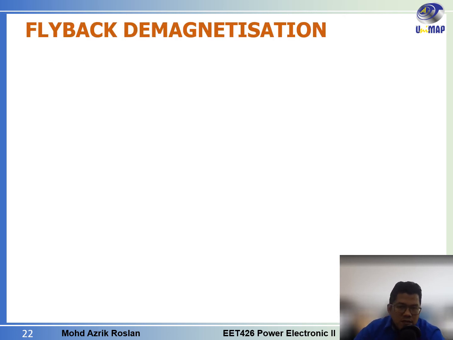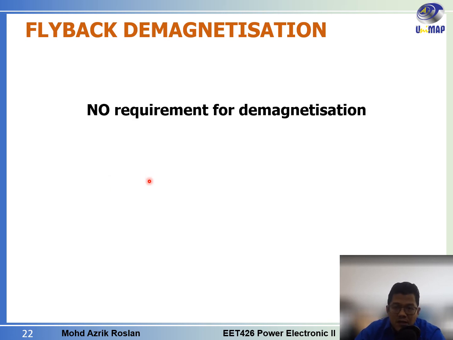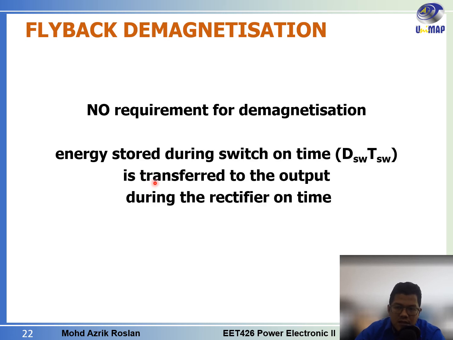Remember, in the forward converter you have the demagnetization pathway. But for the flyback converter there is no requirement for demagnetization, because the energy that is stored in the transformer primary winding, or in the magnetizing inductance, will be transferred to the secondary during the switch off time or during the rectifier on time.